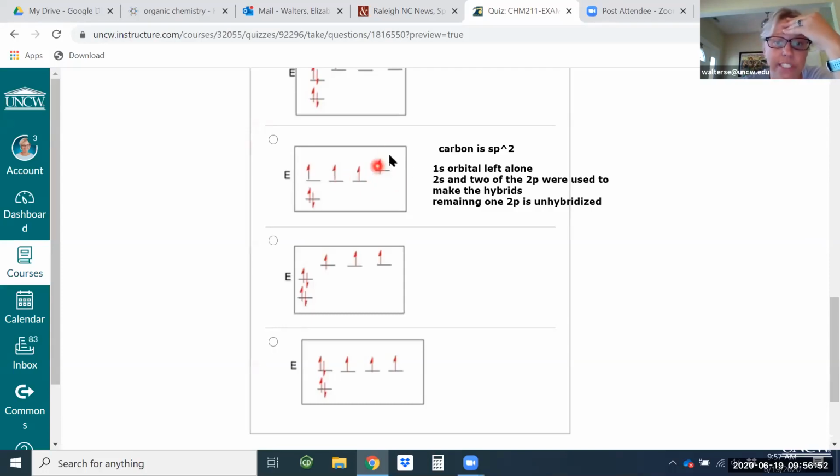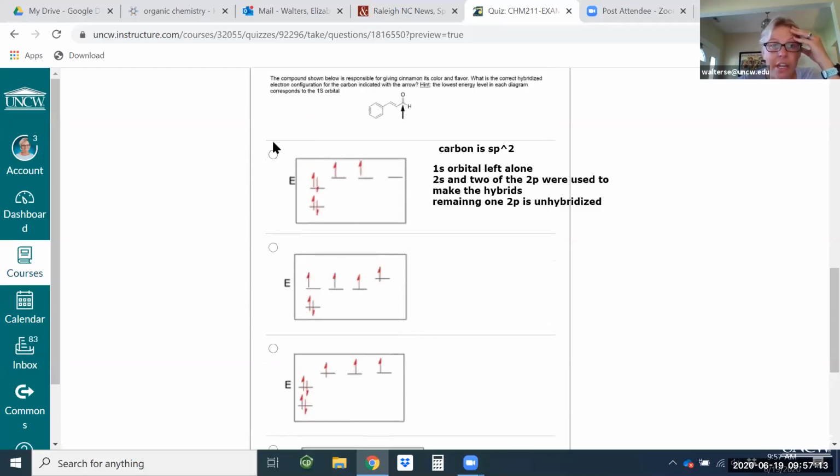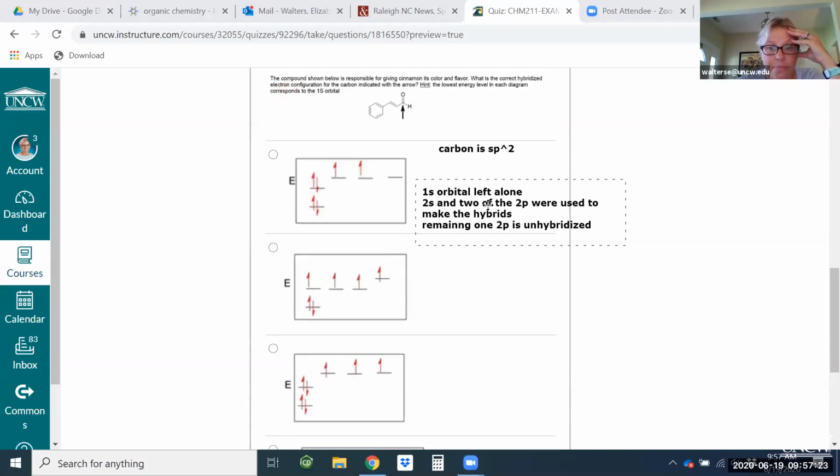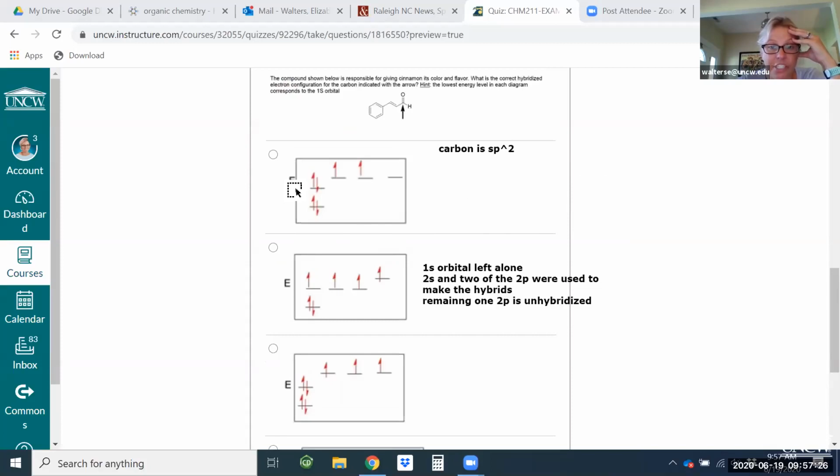So the promotion of this electron is a lower energy process than partnering to pay the spin pair energy. There's a couple ways to go about this problem. The first is to count the number of electrons, because at least these bottom two have way too many electrons for a carbon atom. And then the difference between what's shown here and what's shown here is that this is just atomic carbon, and this is carbon making bonds.